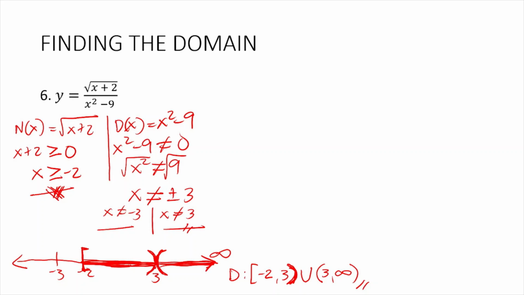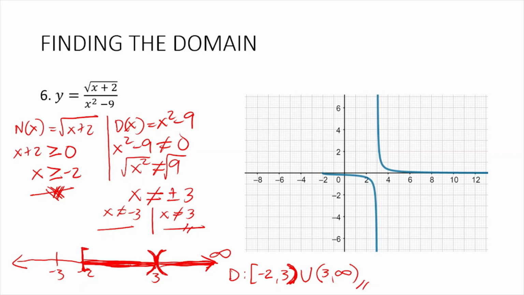And if we check the graph, this is the graph. As you can see here, the curve starts at -2. There is no curve to the left of -2, because according to our solution, x values less than -2 are not included in our domain. It only includes x values greater than or equal to -2.